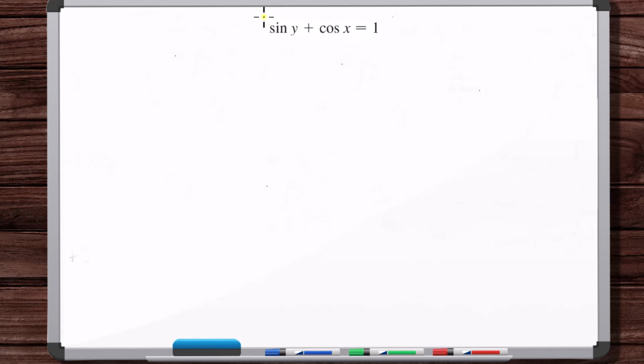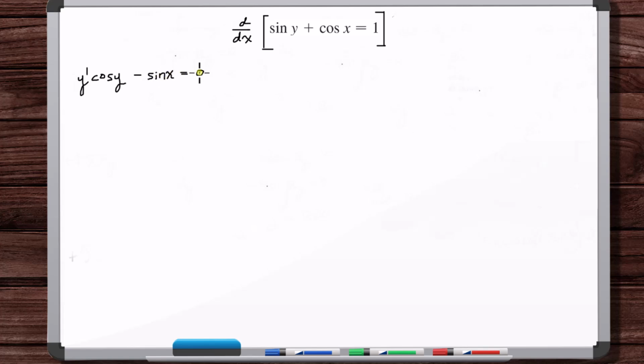Okay, let's find y double prime here. Take d dx of the entire equation. So what is d dx of sine y? Using the chain rule, derivative of sine of something is cosine of that something, and then times the derivative of that something. Let's put that here. All right, and then the derivative of cosine of x is minus sine of x.